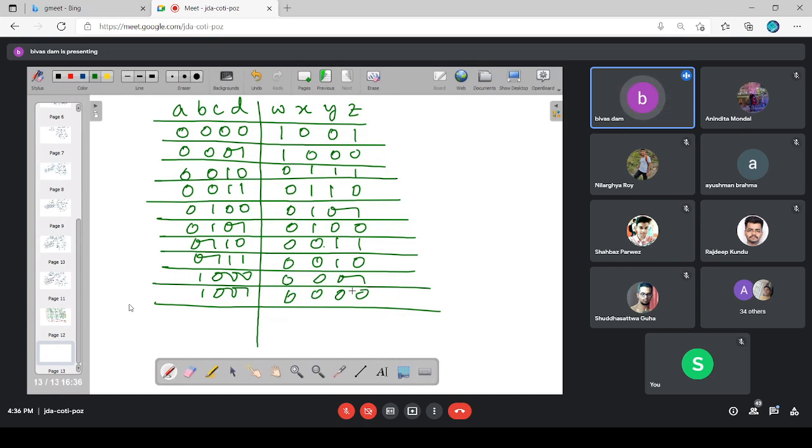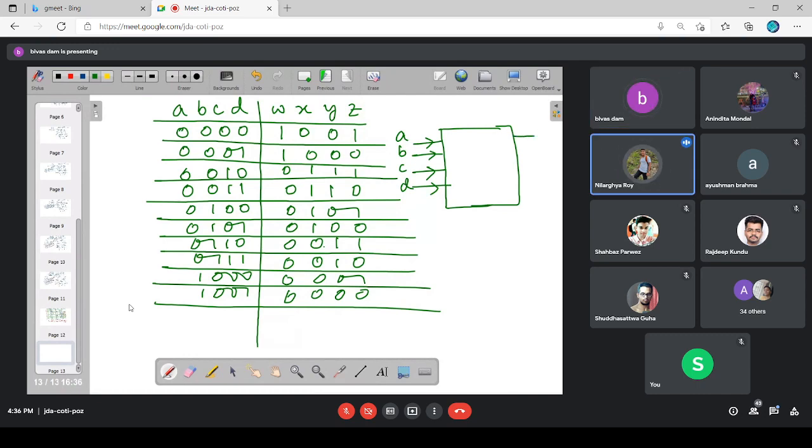Okay, so you have to realize one logic circuit where you have 4 input lines. They are A, B, C, D, and how many output lines? 4. X, Y, Z, W. So that means you have to design this particular logic circuit.